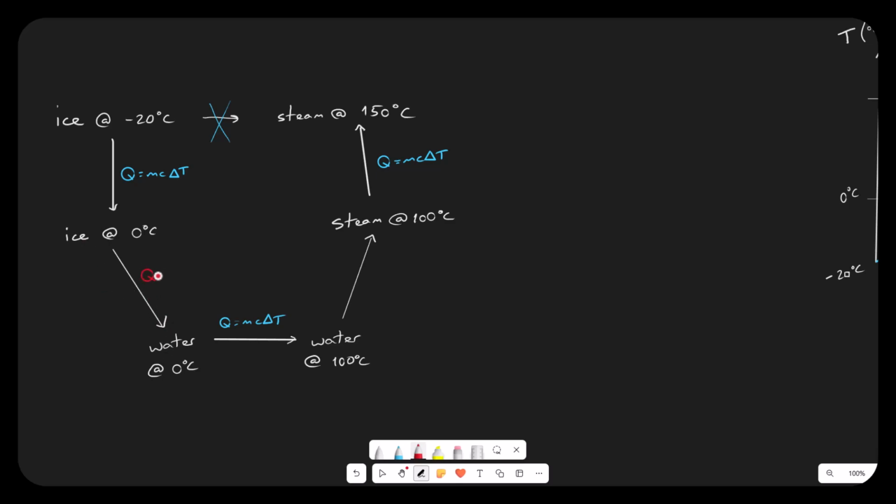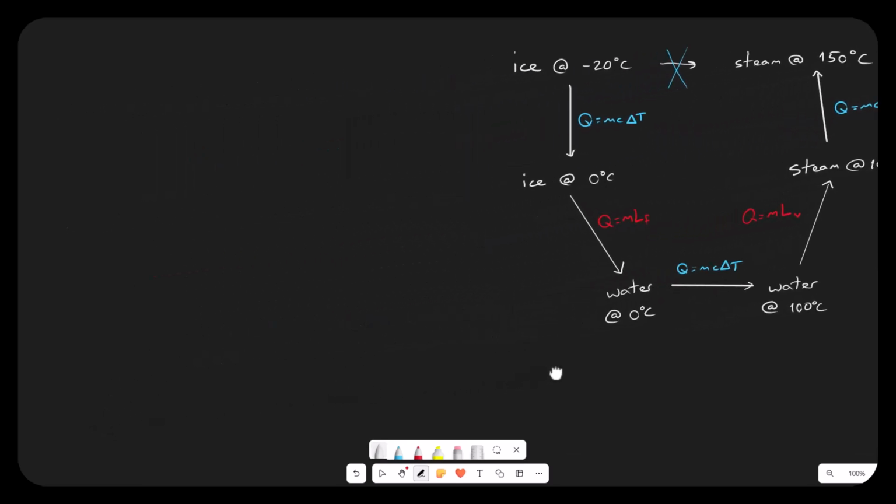Q equals m times latent heat of fusion. And this one's evaporating. This is Q equals m times latent heat of vaporization. So I'm going to run through this with my numbers and just kind of do everything at once. Honestly, we don't need 2 videos for this.